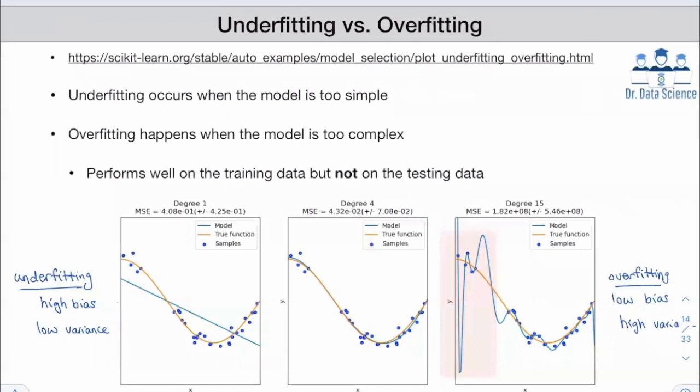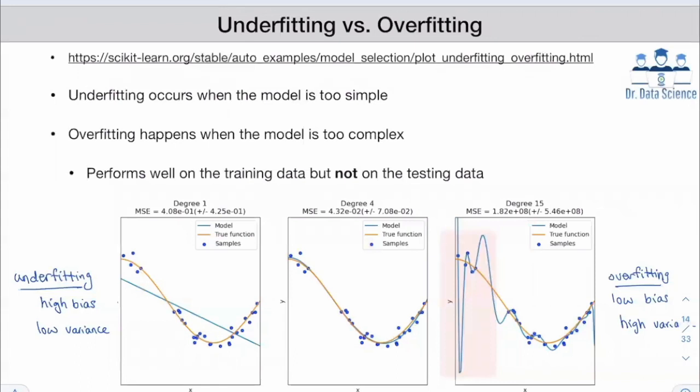To understand this topic, let's consider a synthetic data set, meaning that we define a true function or ground truth function, and then we sample a few points from this function, and we add a little bit of noise to it, right? So this is the data set that we have.